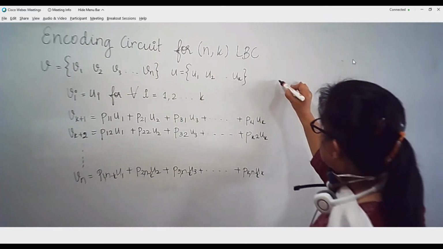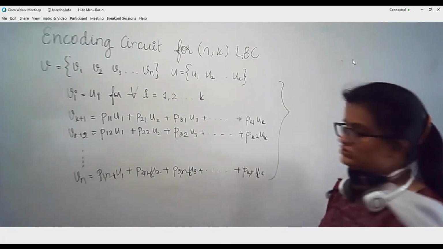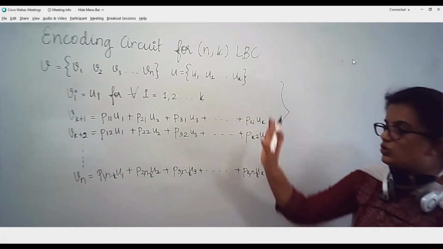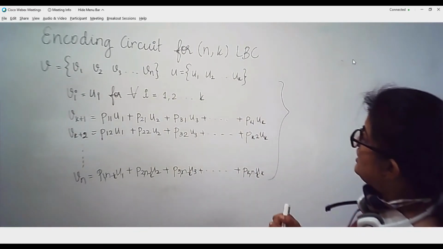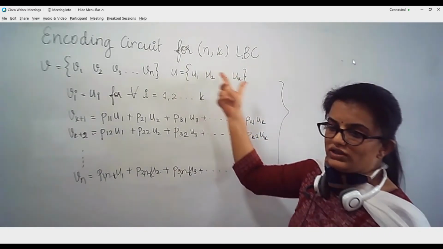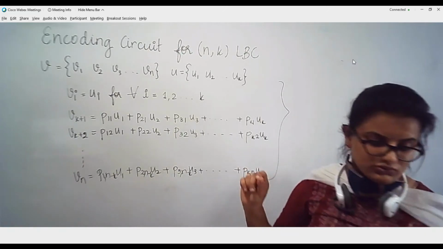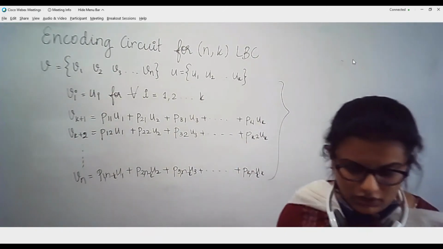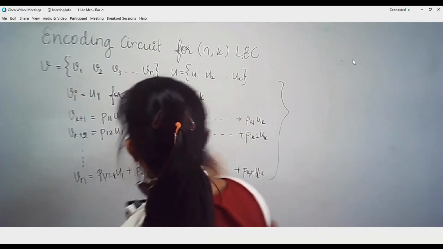These are the equations that are used to generate the different bits of the code words using the input bits U1, U2, U3, and so on up to Uk. So we can realize this using shift registers. How to realize this in the circuit, we will see now.